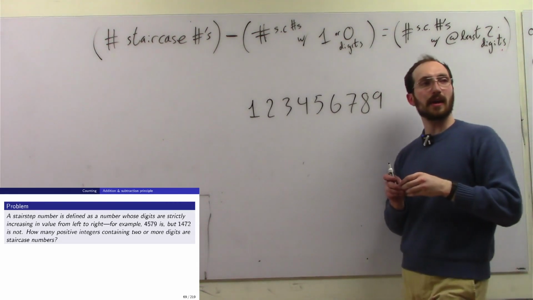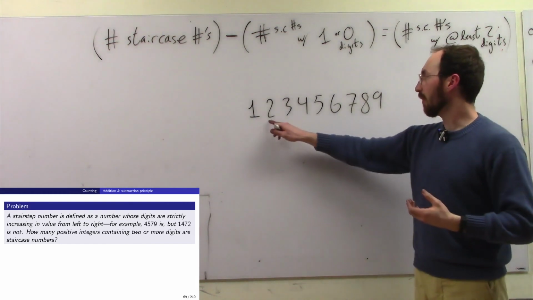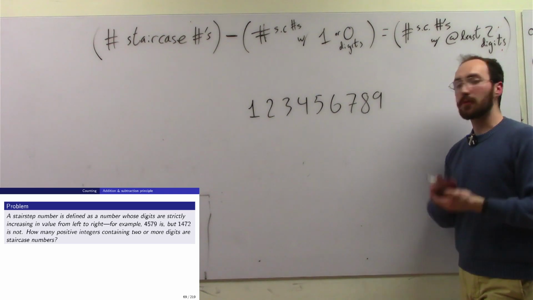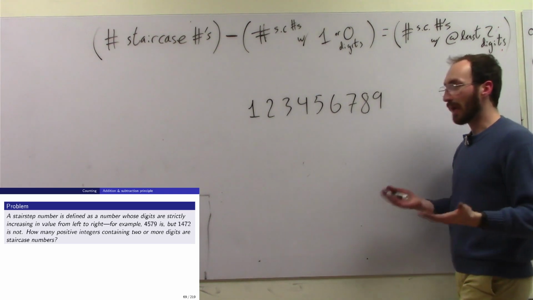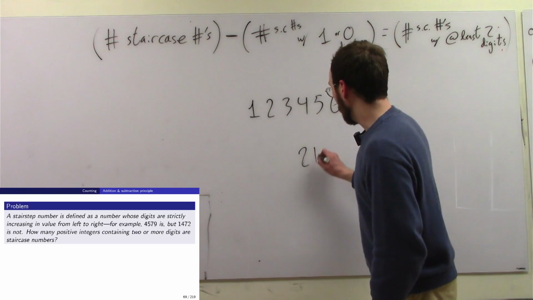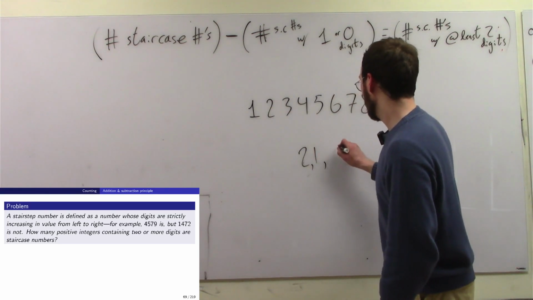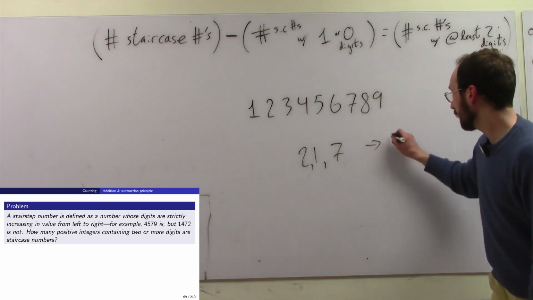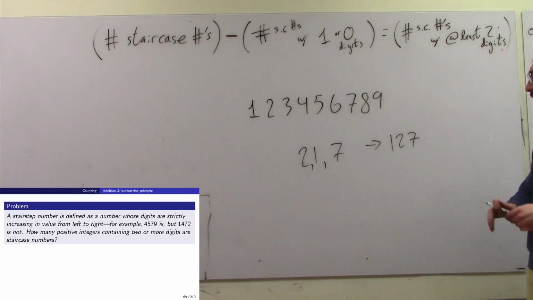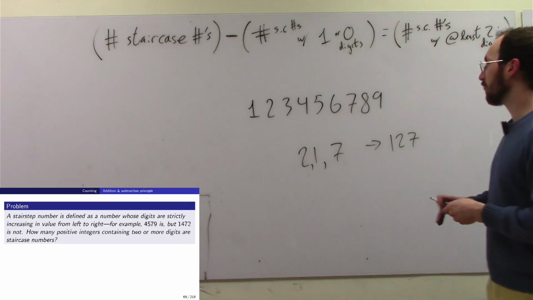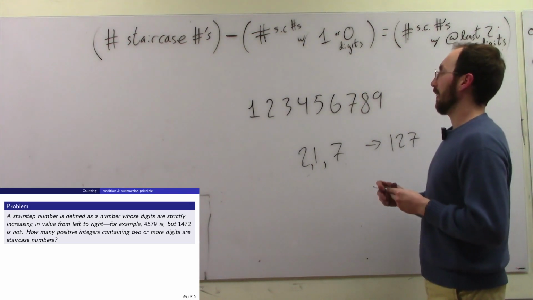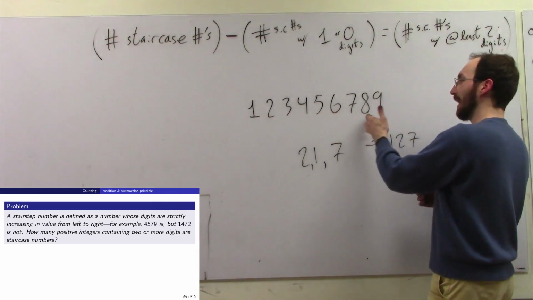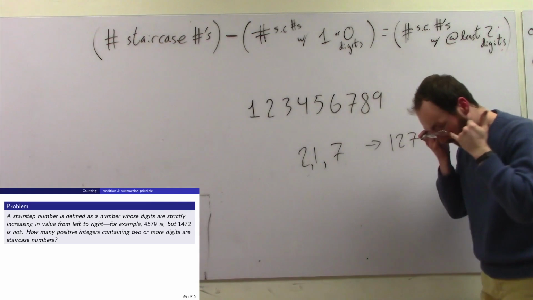Once we've decided which numbers we're going to pick, there's only one possible way to arrange them. If I picked 2, 1, and 7, the staircase number I get is 127. So I can think about this as choosing elements from a 9-element set.